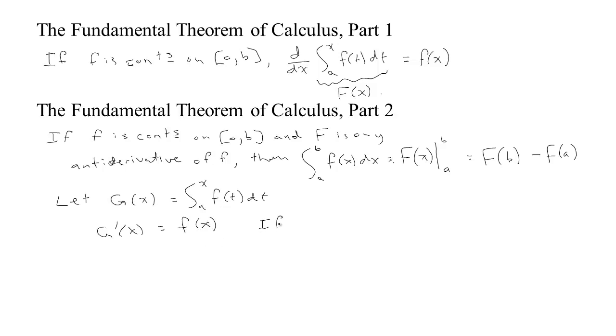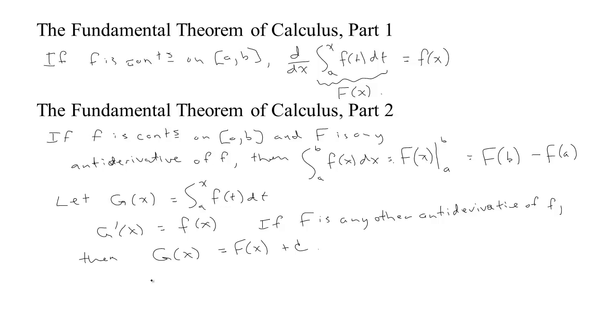Now if capital F is any other antiderivative of little f, then we know from corollary 2 to the mean value theorem that the difference between g of x and capital F of x is just some constant.